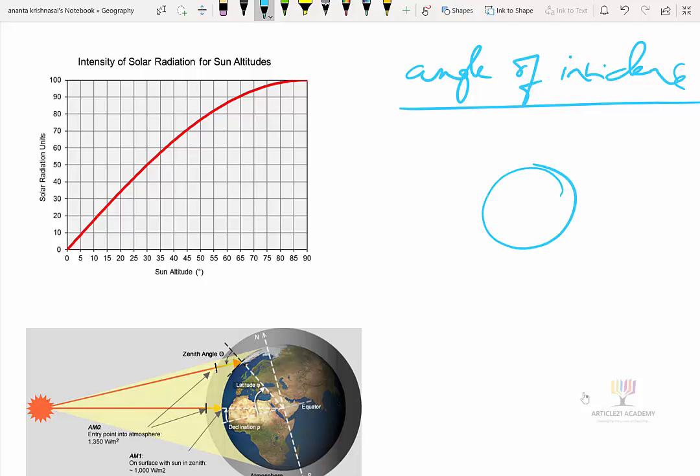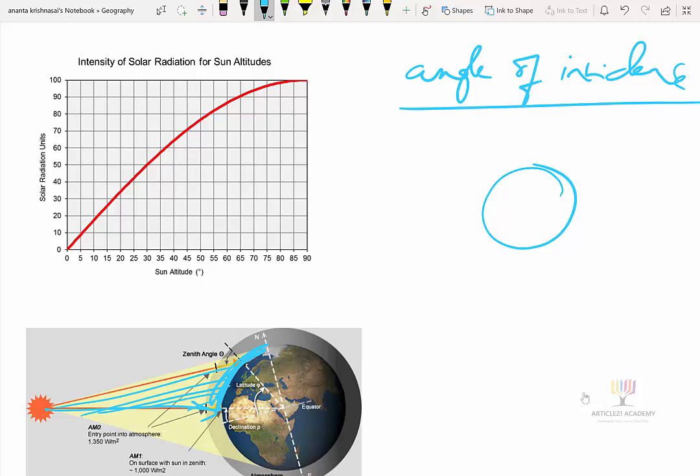As you see in this particular picture, if it is straight, it is clearly hitting the region at 90 degrees and hence it is more intense. However, when it hits at a slanted position, it covers a larger surface area, and because of this, it gets spread over this larger area, which in turn reduces the intensity of the radiation.